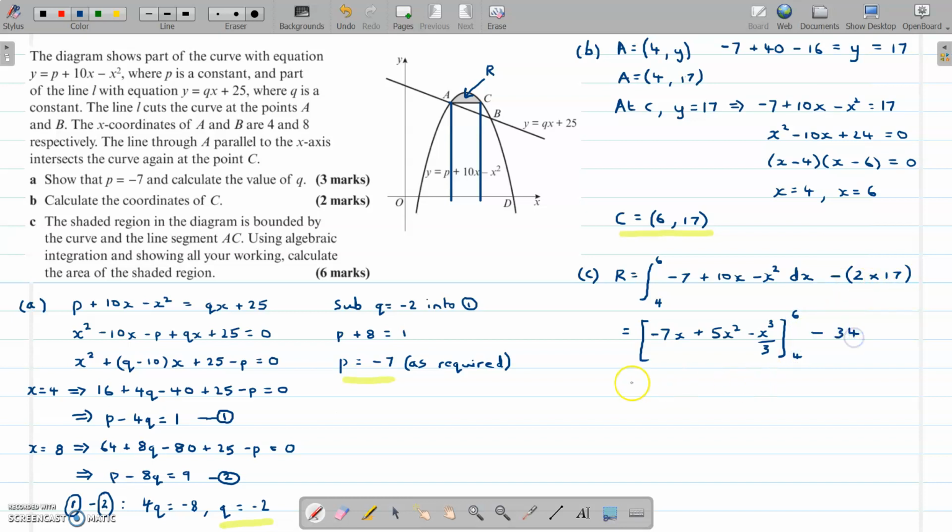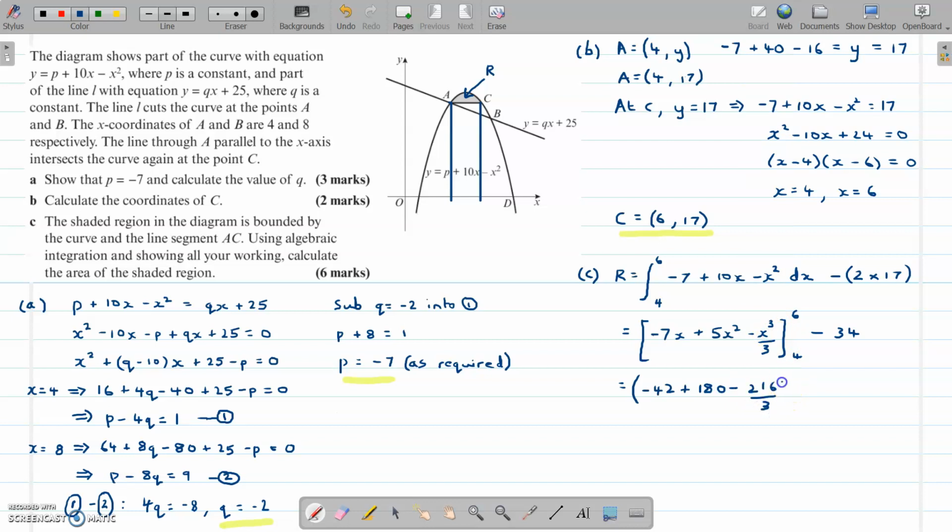When we put the values in, that's going to give us minus 7 times 6, which is minus 42, plus 5 lots of 6 squared, which is 180, take away 216 over 3.